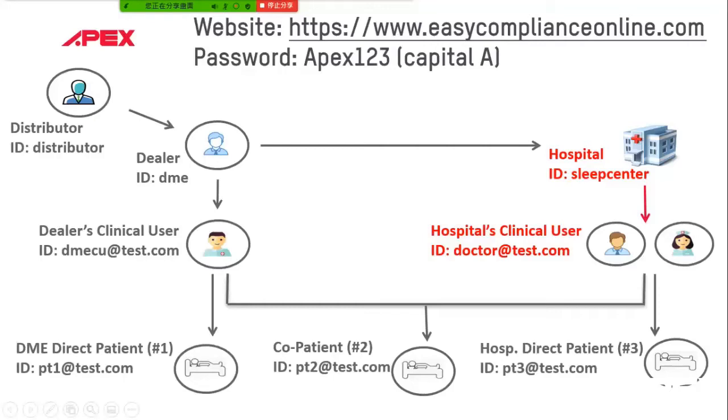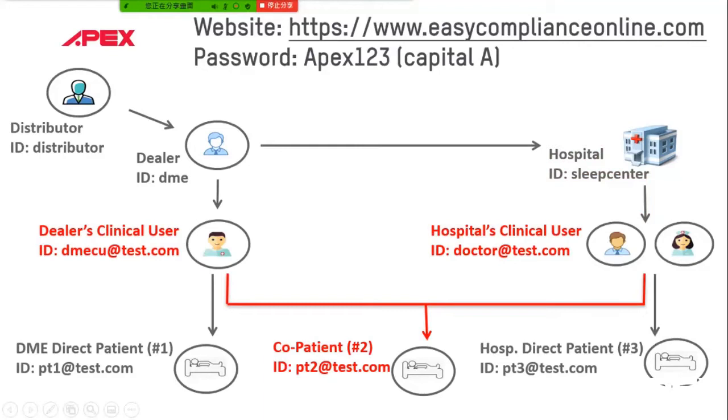So the next step is let's create a co-patient of the dealer's clinical user and hospital clinical user. But in order to do so, let me log in with these two accounts to activate them. Then we can create a patient that can be co-managed at the same time.